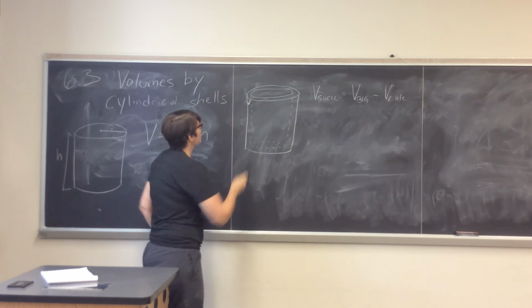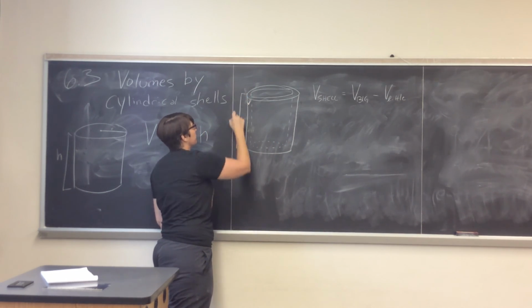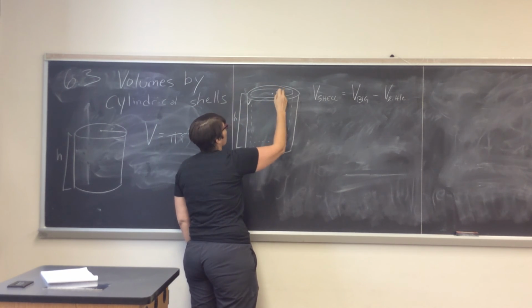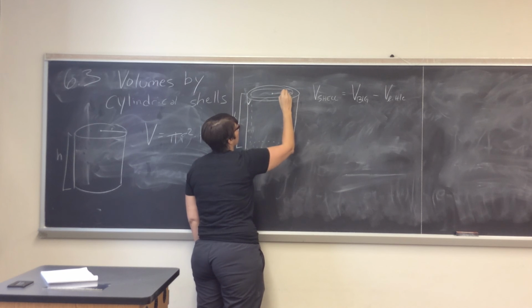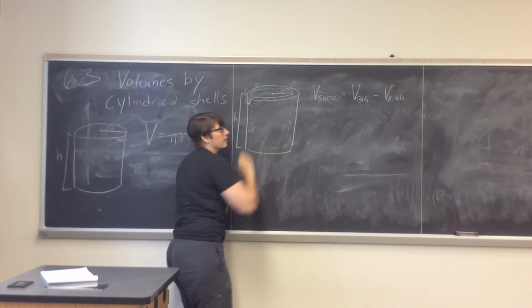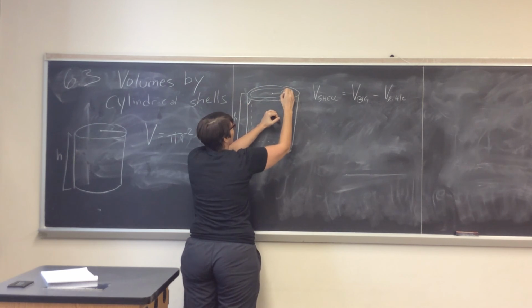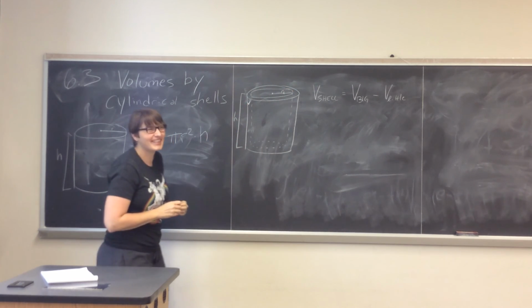So let's label some dimensions here. We still have a height, h, and then we've got a radius of the little cylinder. I'm going to call it r sub L, because it's the little one.